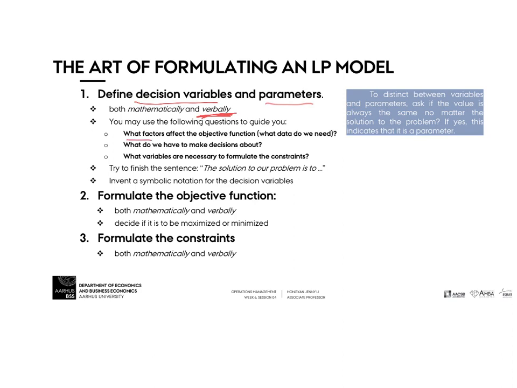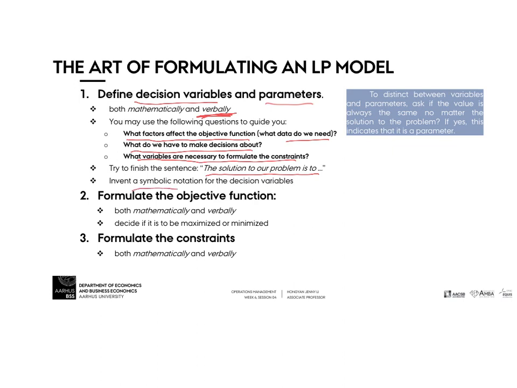What factors affect the objective function? What data do you need? What do we have to make decisions about? What variables are necessary to formulate the constraints? And try to finish the sentence: the solution to our problem is to decide production quantity, production units for each type of product.